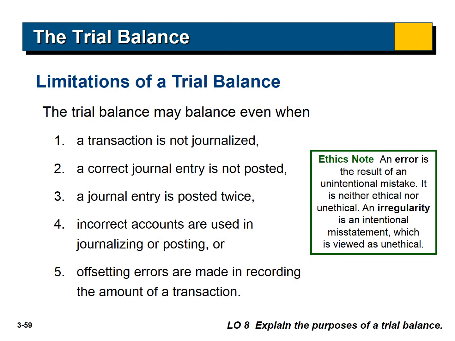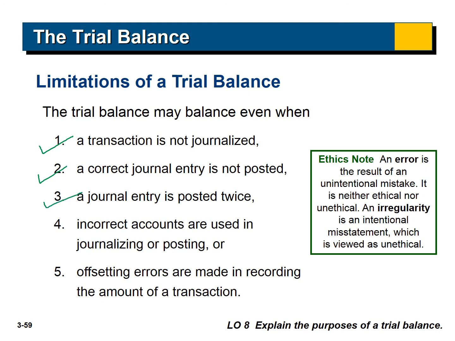So the limitation: a trial balance may balance and still be incorrect. That's a problem. They could balance, that does not mean it's correct. When could it balance even if it's not correct? Transaction is not journalized, you just left something out. Or a correct journal is just not posted. You made the journal entry but you didn't post it.